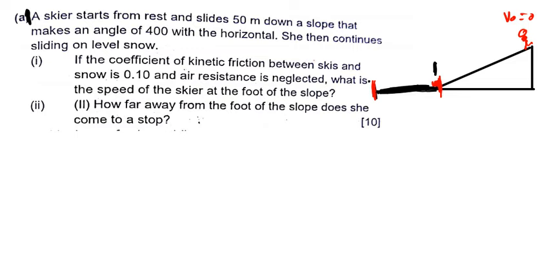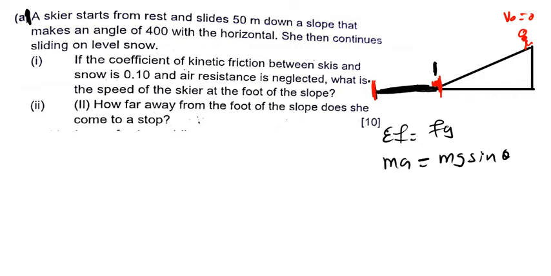I'm going to say the summation of the forces. I want to find the acceleration. The summation of the forces is going to be Fg. The only force that makes the car move down is Fg. So this will be ma equals mg sine theta.